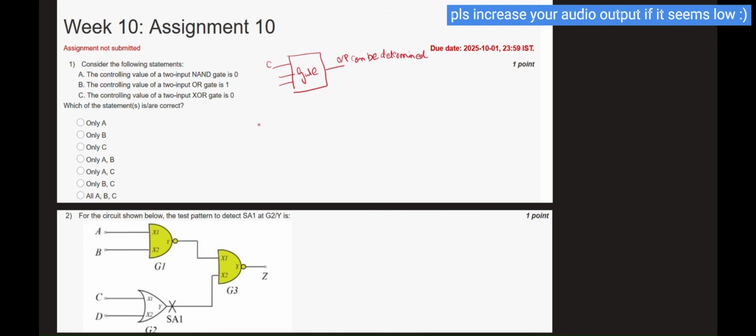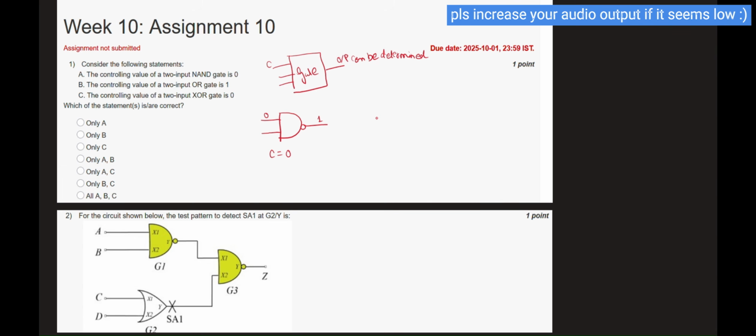So let's see our options. If we have a NAND gate, then what will be the controlling value? We know that if any of the inputs becomes 0, then definitely my output will become 1. So in that case, we will say that 0 is the controlling value for the NAND gate.